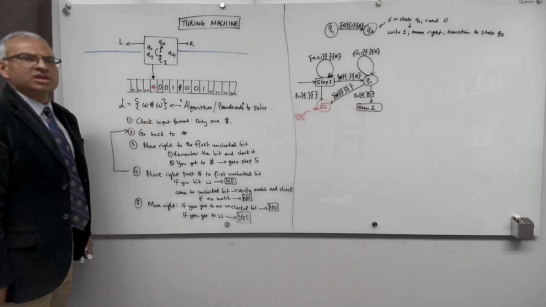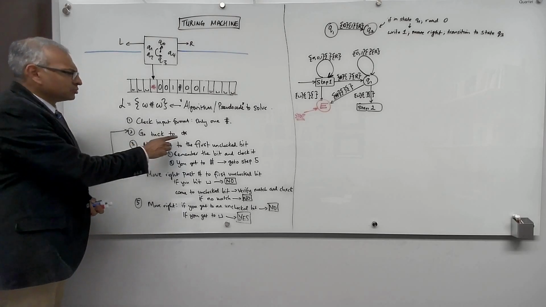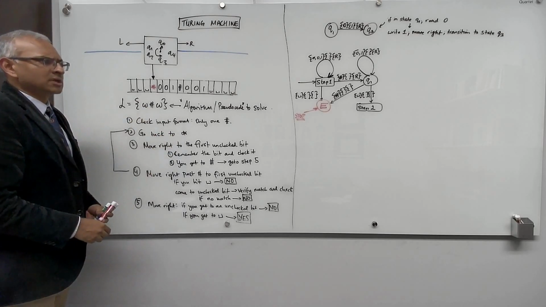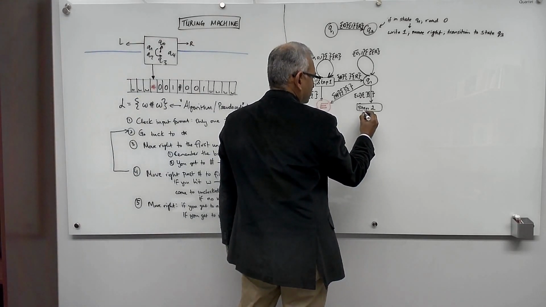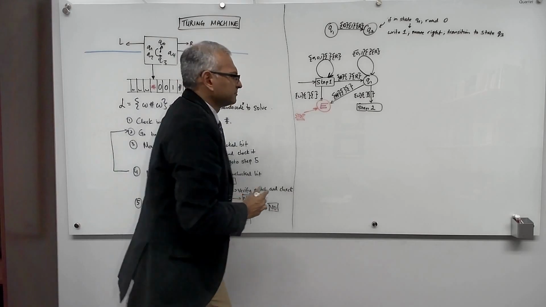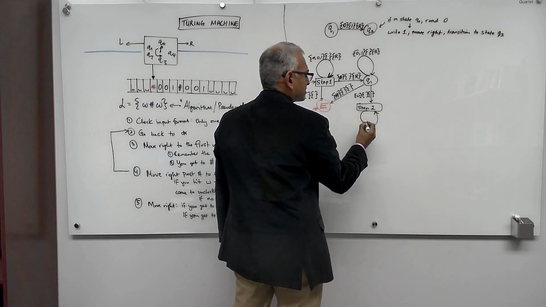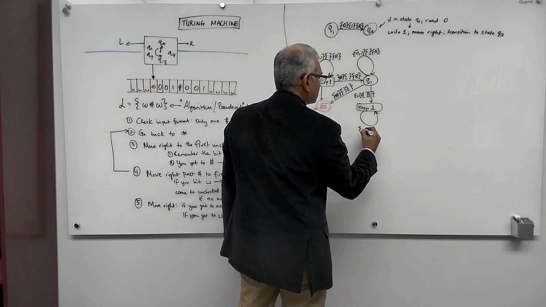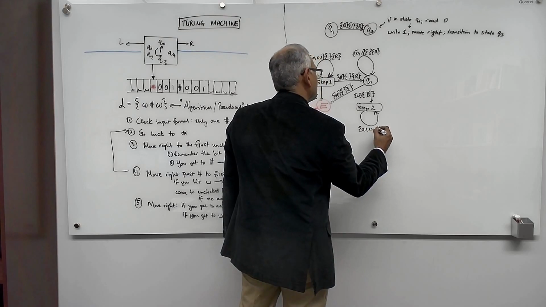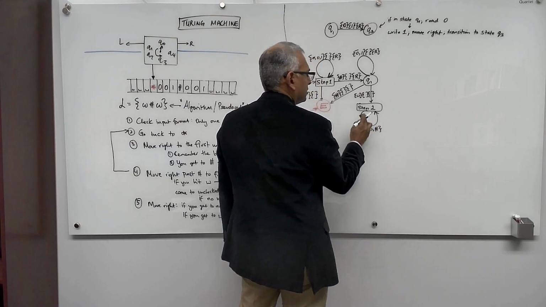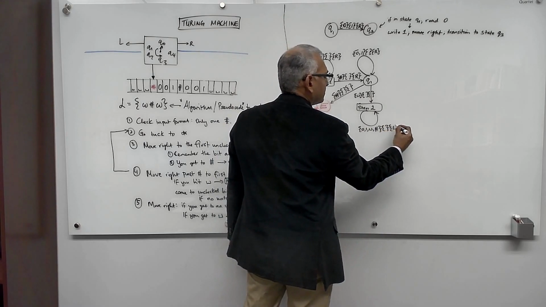You're just going back to star. So step 2 is actually really easy. In step 2, you just move left until you hit star. As long as you see anything but star, so you see either 0, 1, blank, or pound, you don't need to write anything.